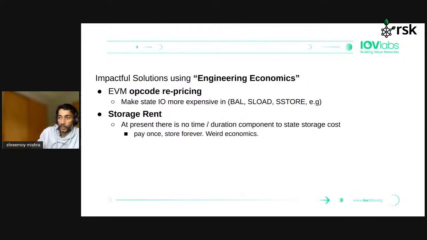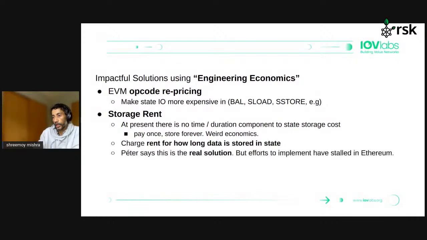So one is EVM repricing. The second is storage rent, charge rent for how long data is stored. And the third approach, which is also getting a lot of traction, is what's called off-chain solutions.